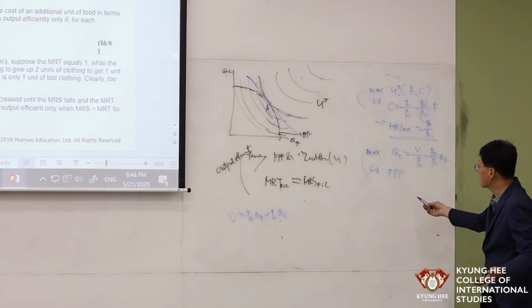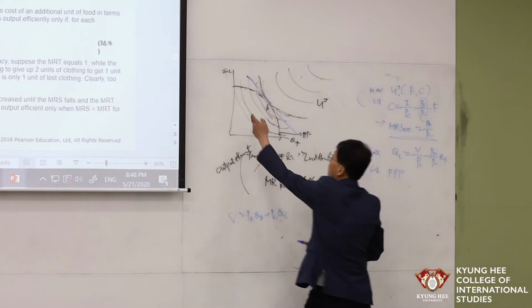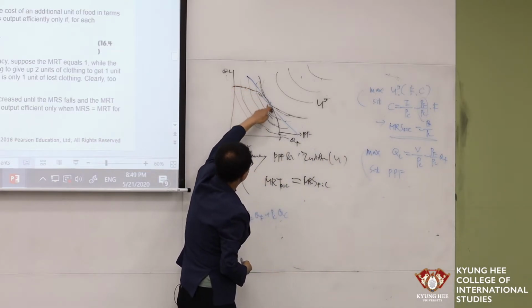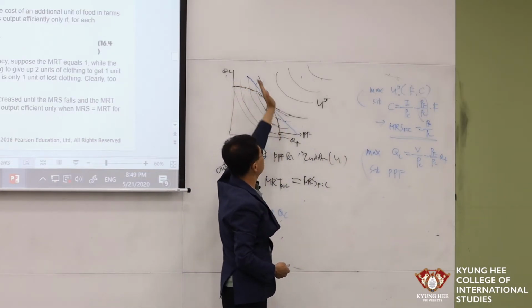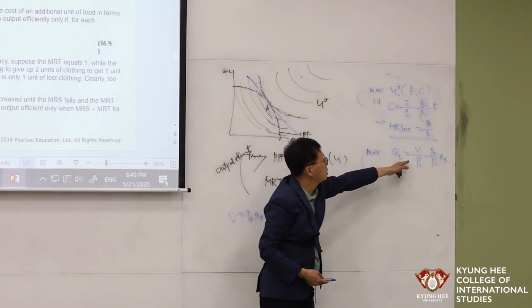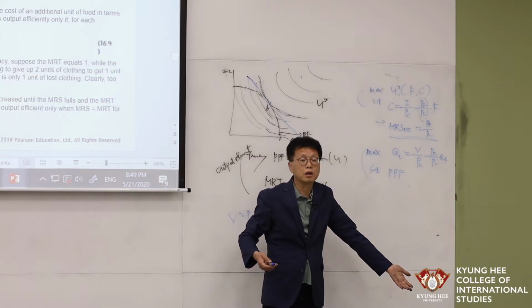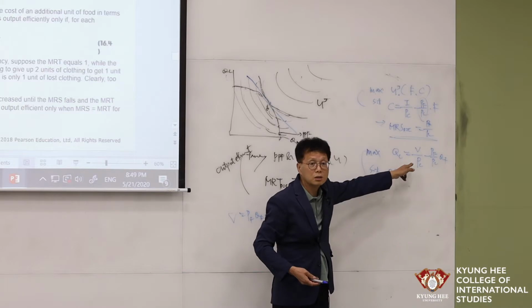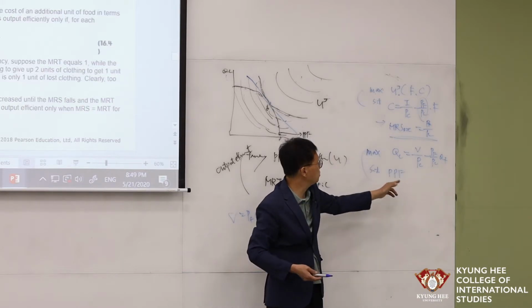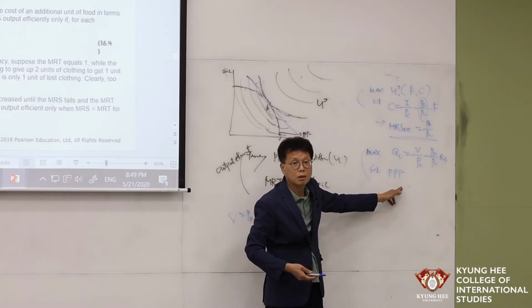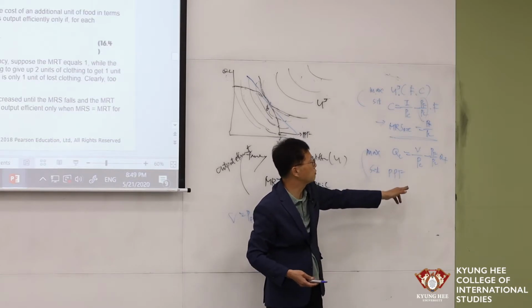Right? What's the meaning of this? Production should occur at one point on this PPF, and you want to touch the highest iso-value line. What is the iso-value line? That is GDP, simply speaking. When there are two goods, food and clothing, the value of the two products is GDP. Maximizing GDP subject to the PPF. What is the equilibrium condition for this?